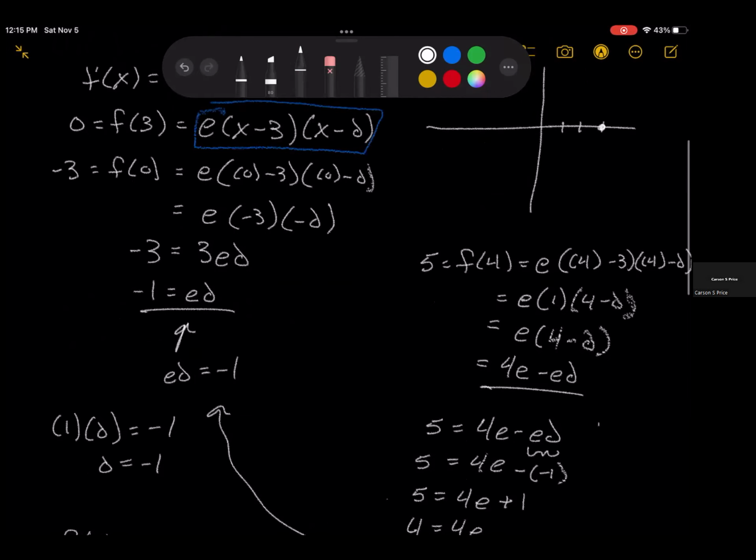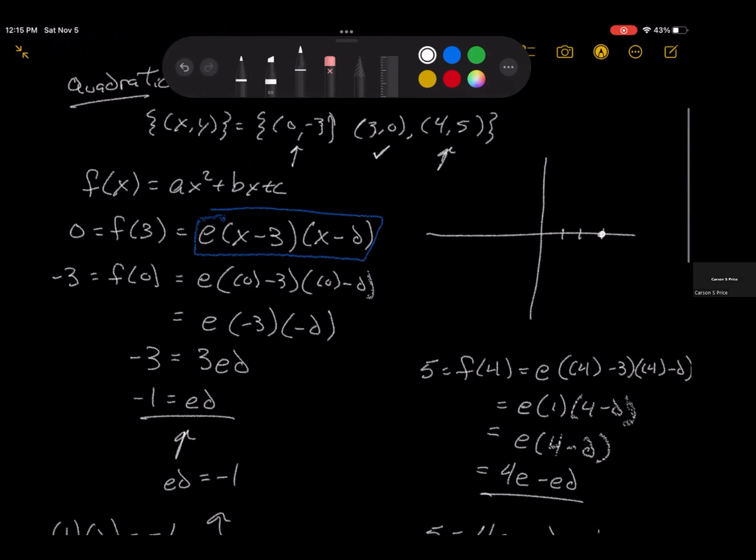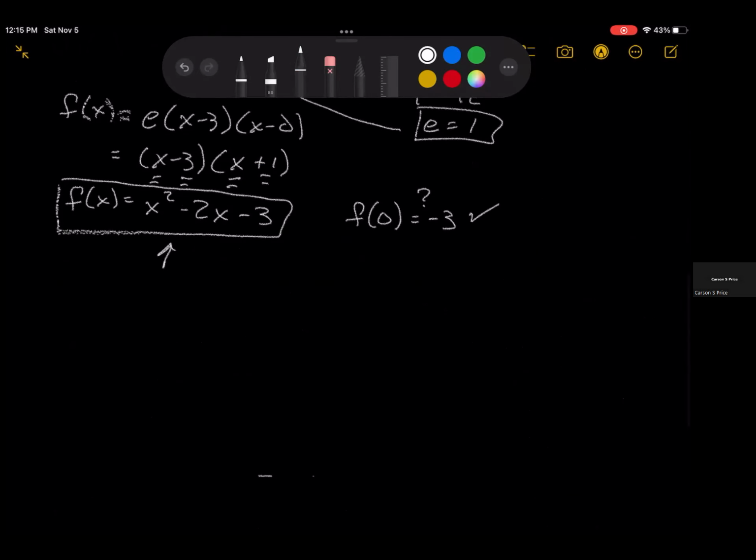Let's look at our other point. 3 needs to go to 0. So does f of 3 give me a 0? This would be 3 squared minus 2 times 3 minus 3. That's 9 minus 6 minus 3, or 9 minus 9. That is 0. So my second point is satisfied.